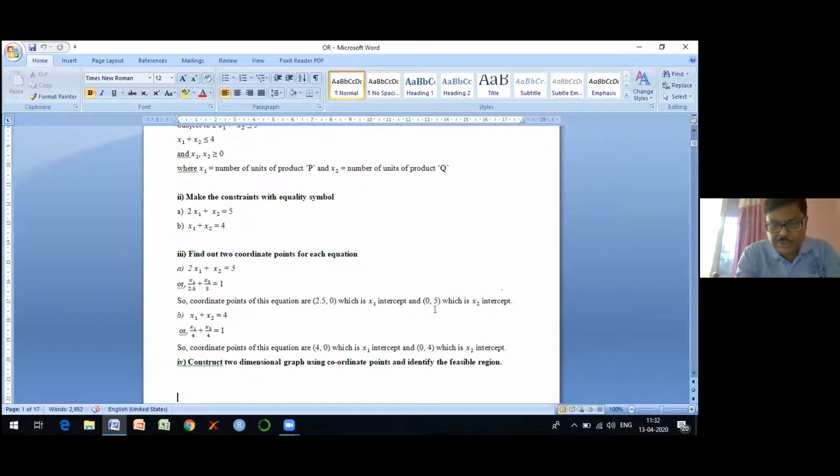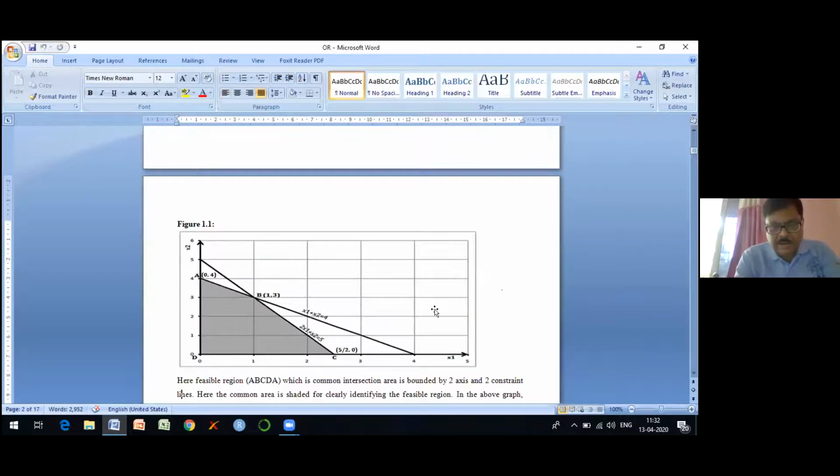Just I am coming to this straight line, right? So what points you have got? (2.5, 0), right? So here we have written 1, 2, 3, 4, 5. And along the y-axis, we have also written 1, 2, 3, 4, 5. So first point is (2.5, 0). So 1, 2, this is 3. So obviously this is 2.5. So this is 1 point.